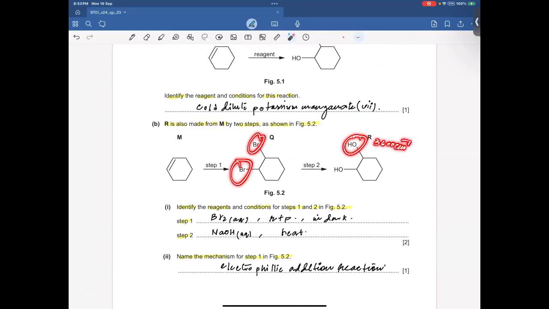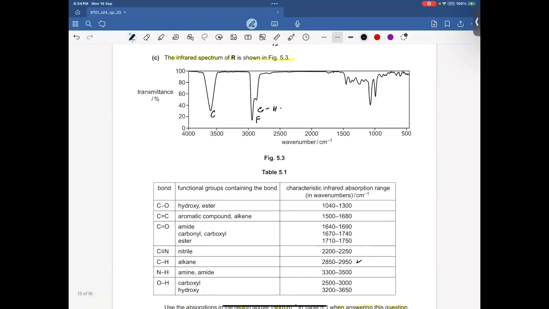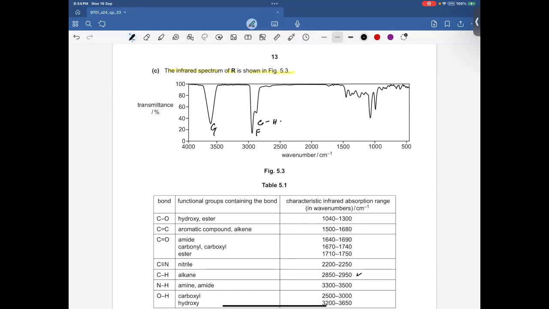There is no OH in Q, which means Q doesn't have a peak at 3600 centimeter inverse. So the peak of OH never appears in Q, and that is basically G. So it must be G, and that represents the OH group.